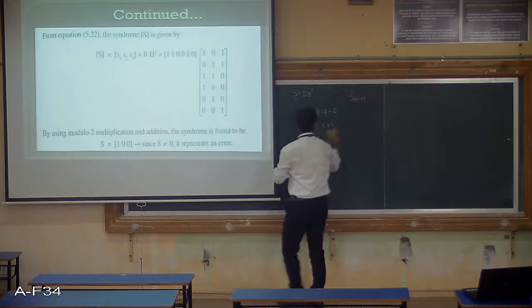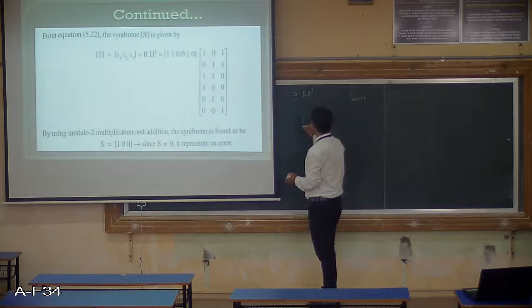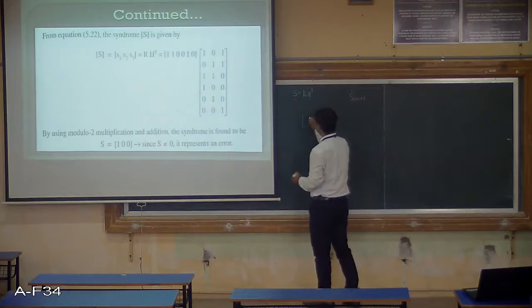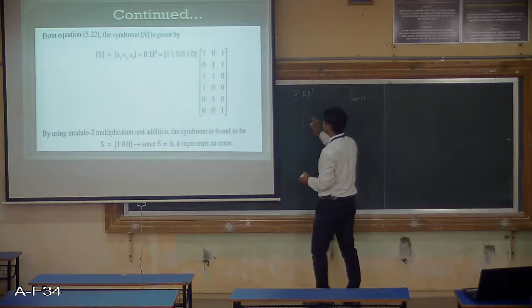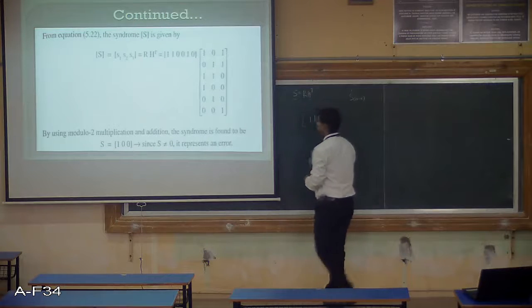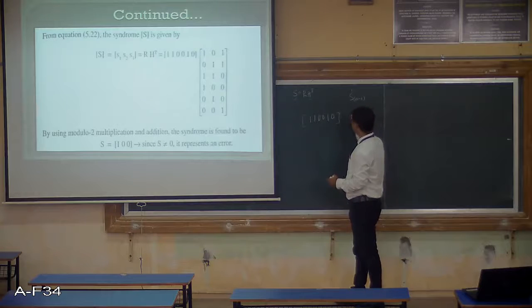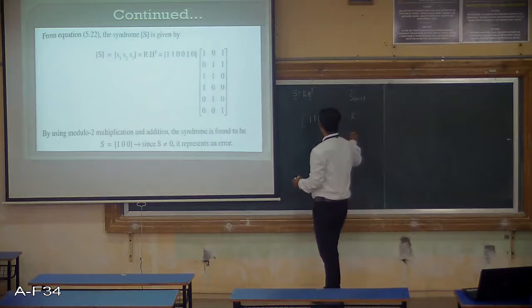So how does your error pattern look? If the error is in the fourth bit, it means there is no error in the first, second, third. Take the received sequence, that is 1 1 0 0 1 0. This is R. And what about E?